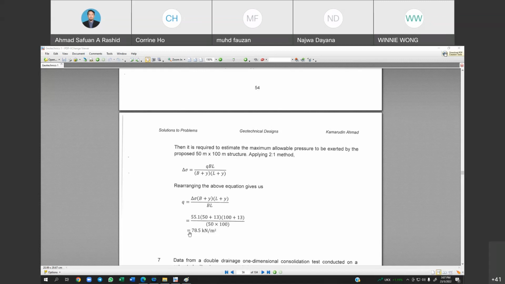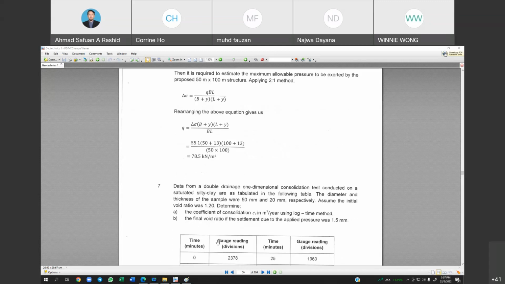So now we move to question number 7. Data from a double drainage one-dimensional consolidation test conducted on saturated silty clay are as tabulated in the following table.